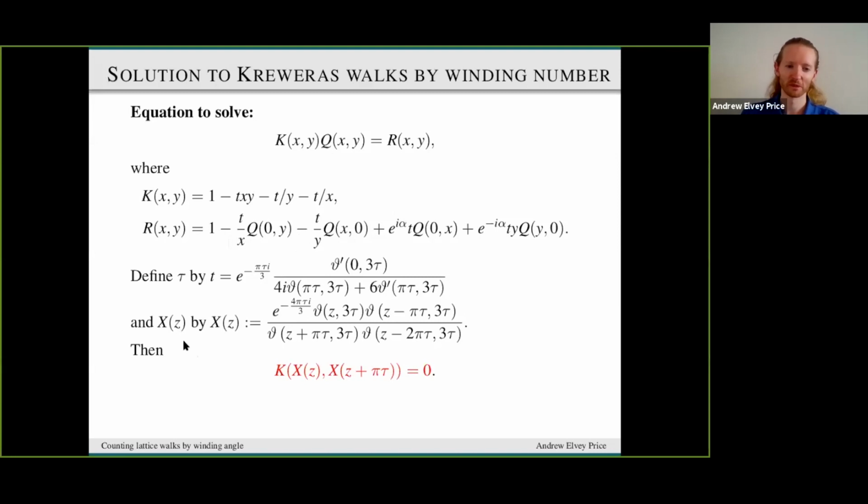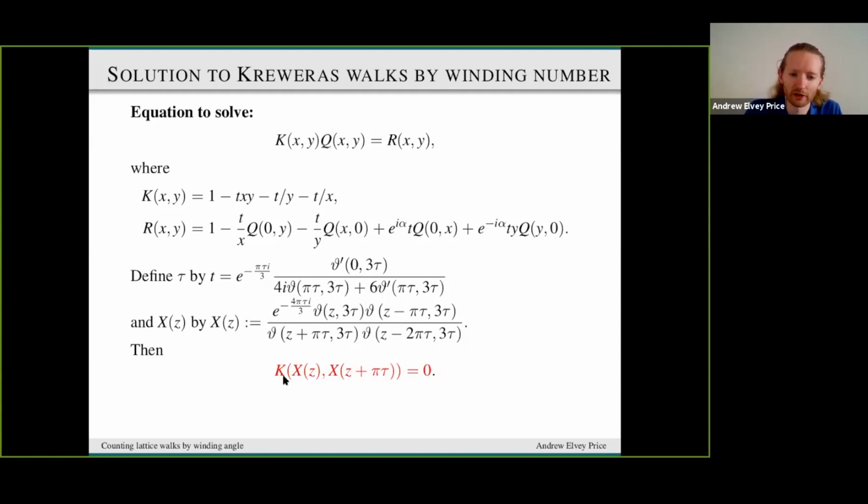Okay, so the important thing to see here is that there's some function x(z) such that k(x(z), x(z) plus pi tau) is 0. And there's some tau which depends on t that makes this equation occur. I won't describe exactly why that happens, but it's fairly easy to prove using the fact that it will have to be an elliptic function because it depends on the theta function.